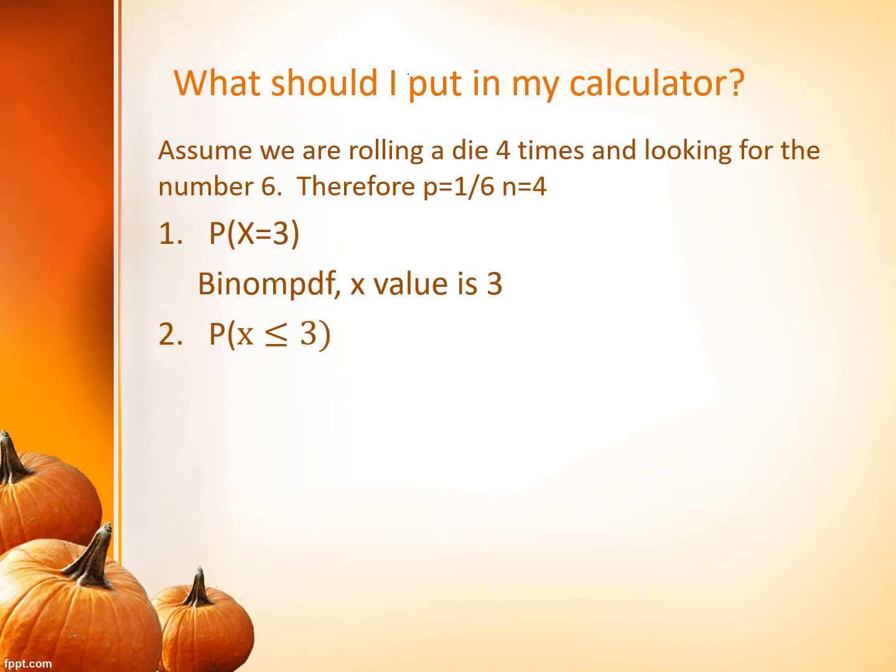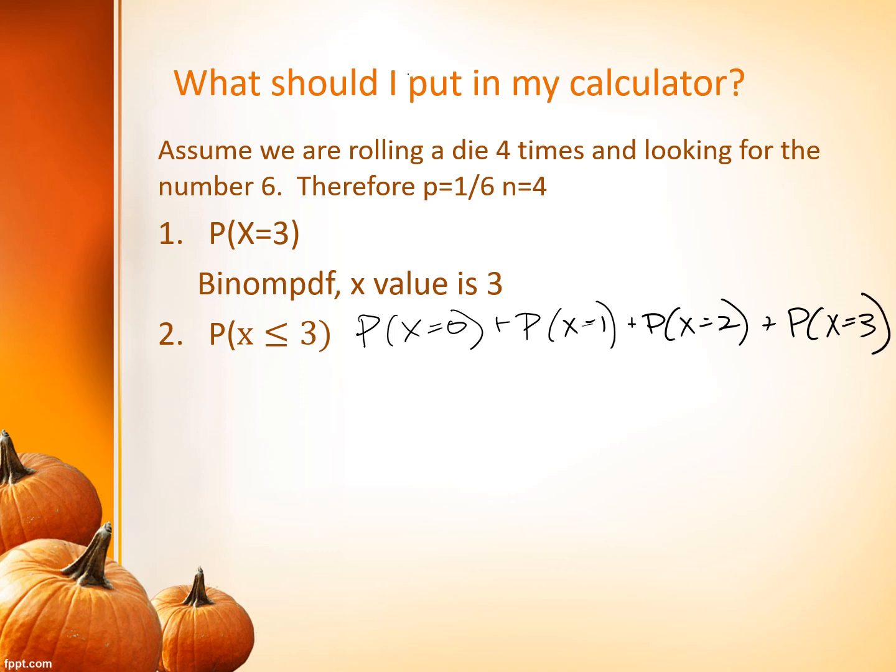Let's take a look at this next one. What's the probability of success that X is less than or equal to 3? Another way to write that is the probability that X equals 0, plus the probability that X equals 1, plus the probability that X equals 2, plus the probability that X equals 3.